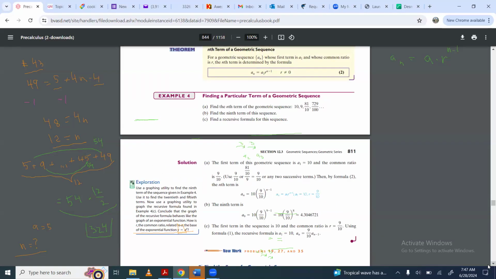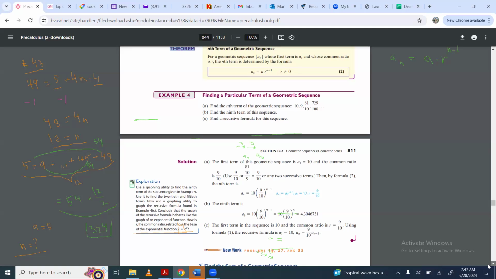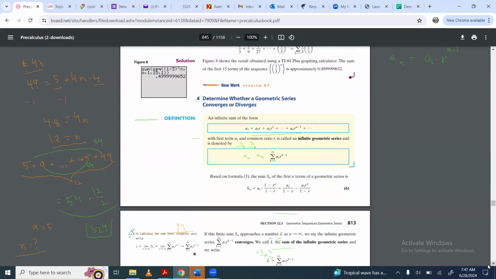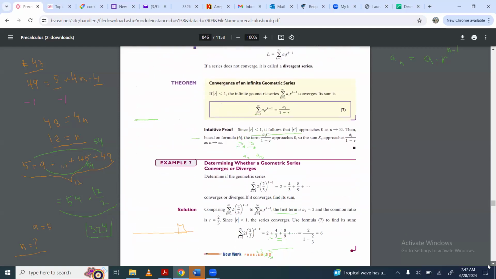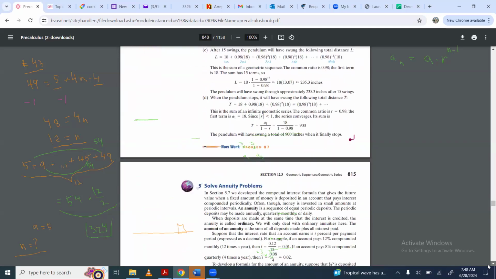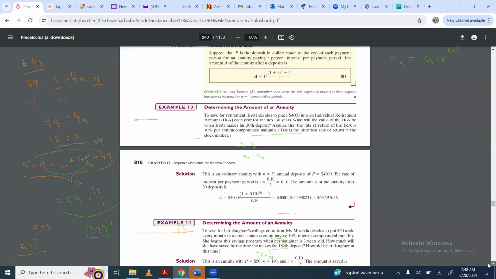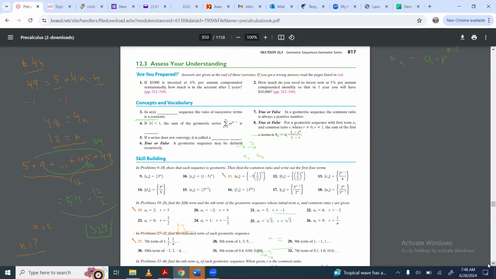So we'll see that. But anyways, let us try to do some exercises to get these geometric sequences at work. So I'm going to, as usual, go to the end of the section where the problems are, and I'll just take a look at a few of these and see how, for example, exercise 9 works.